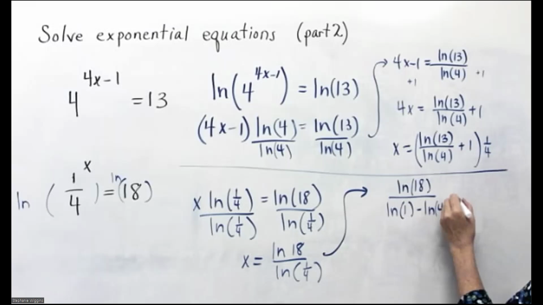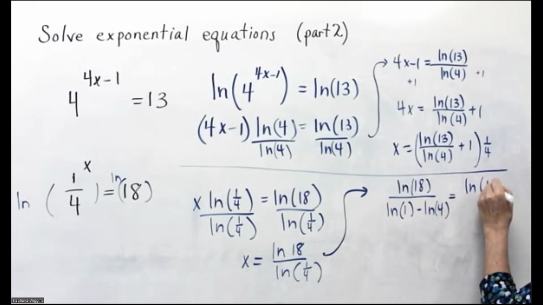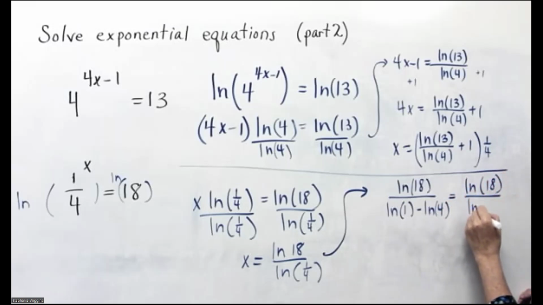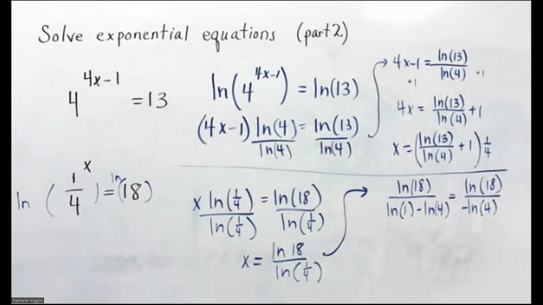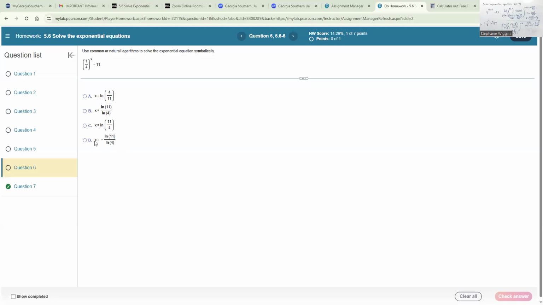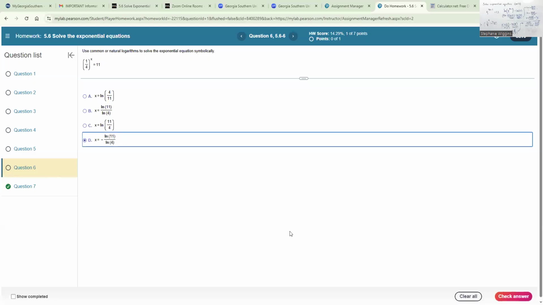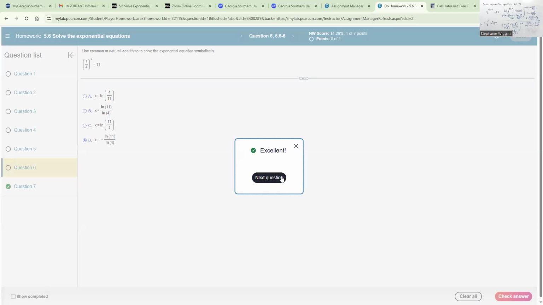So this just becomes the natural log of 18 over negative natural log of 4. If you look now at the choices, remember their problem had an 11 instead of an 18, but D would be the correct choice if you compare it to my problem. So make sure you have your answer in the right form. You may have to manipulate a little bit to get that.